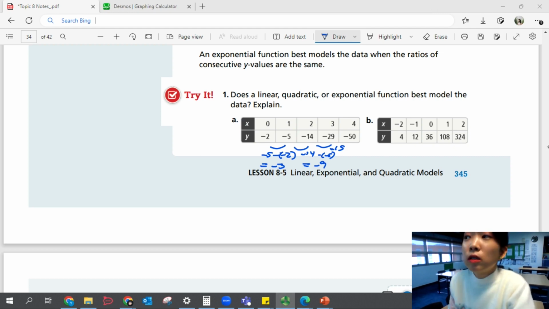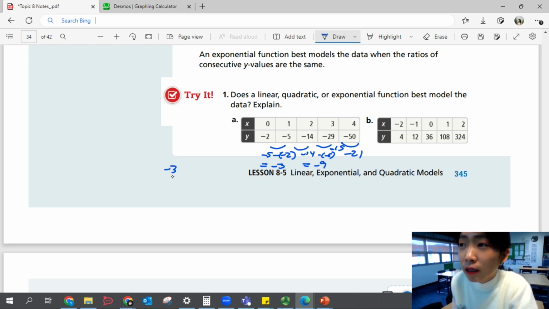Then -50 minus -29 is -50 plus 29, so that's -21. So the first differences are -3, -9, -15, and -21. They're obviously not equal, so it's not a linear function.